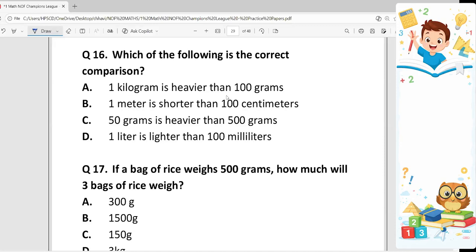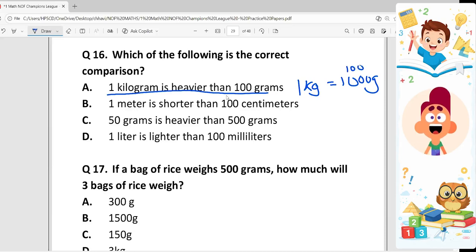So among these, the correct one is this one. Because we know that 1 kilogram is equal to 1000 grams. So if it is 100 gram, that means this is heavier than this one, isn't it? So this is the correct answer, option A.